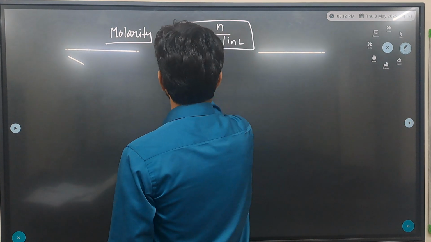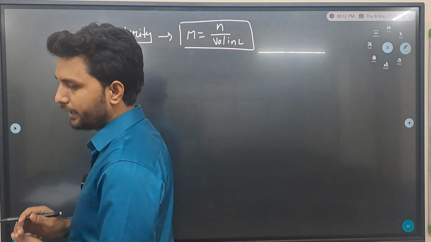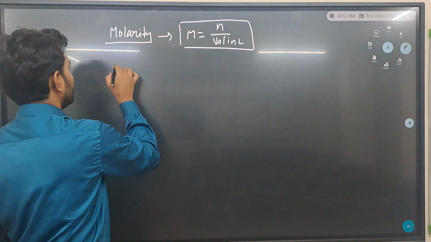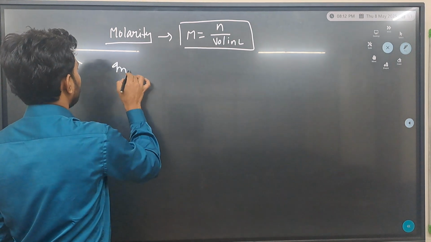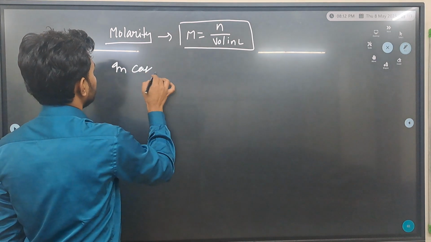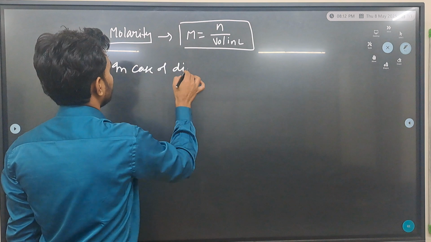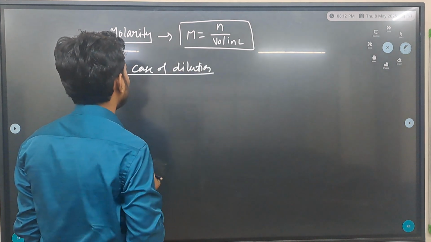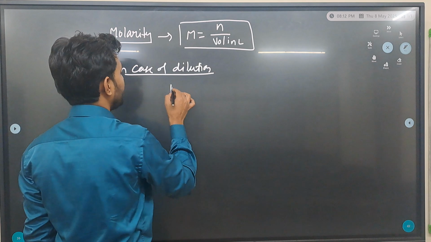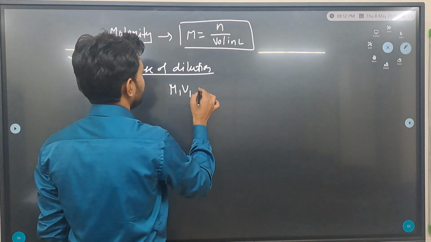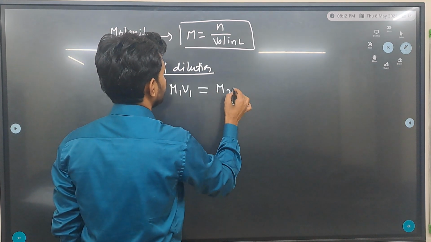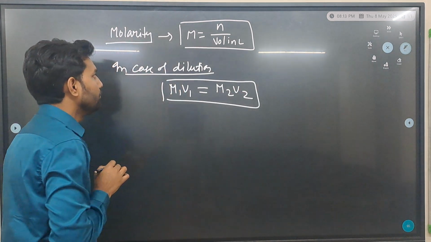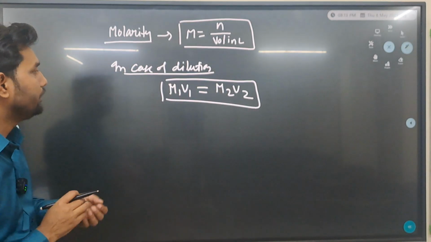Okay, this is the formula. And molarity in terms of dilution: in case of dilution, the formula will be M1V1 is equal to M2V2. This formula will be used in case of dilution.